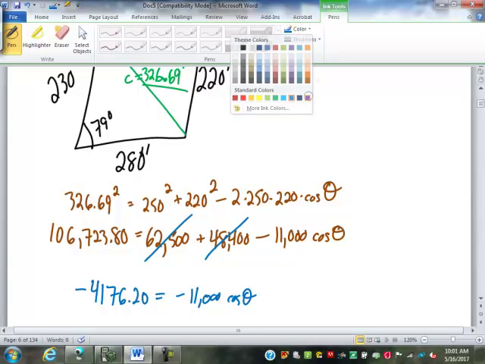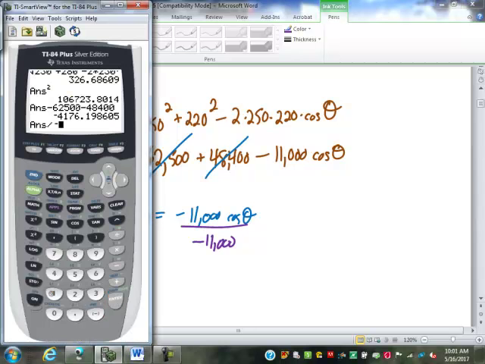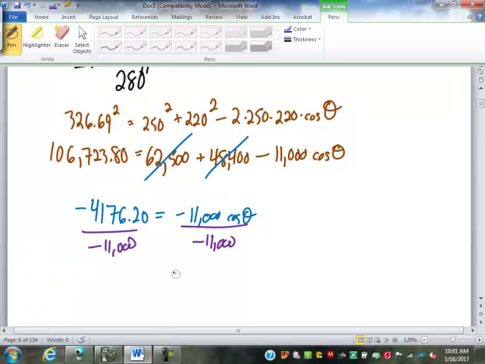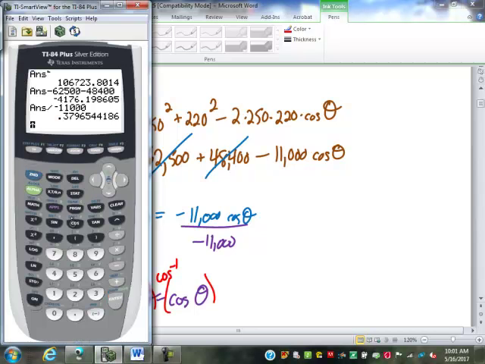And then divide by negative 11,000. 0.3797 is the cosine of theta. And then inverse cosine: 67.69 degrees.